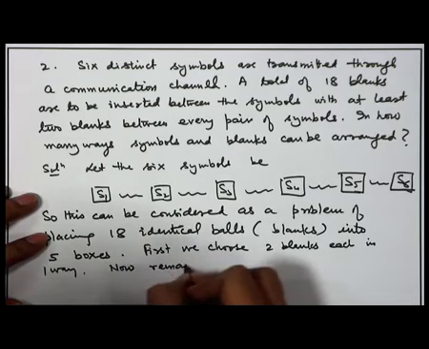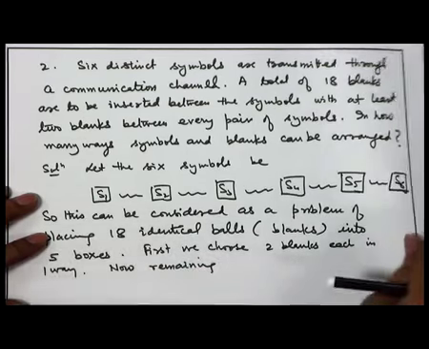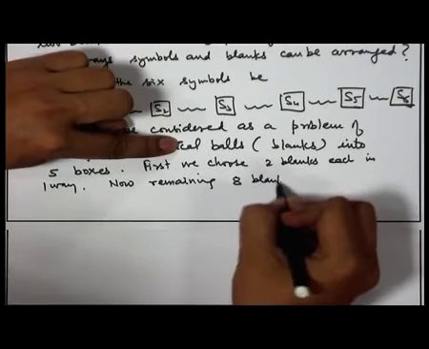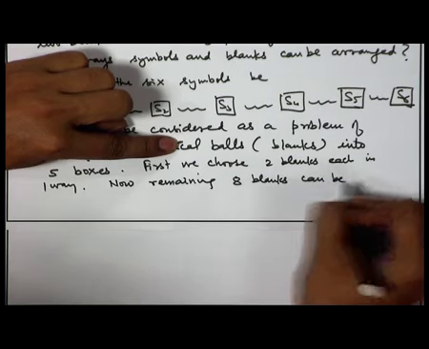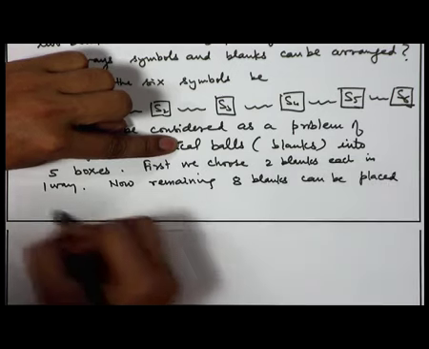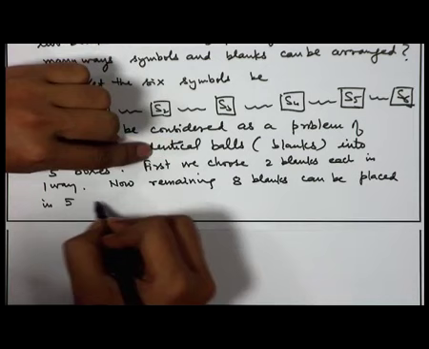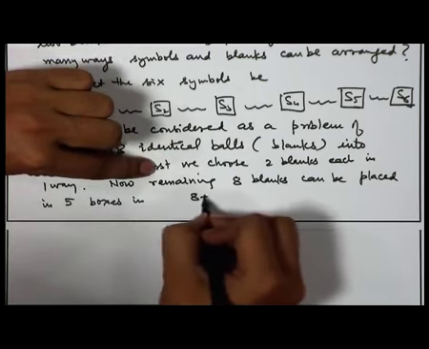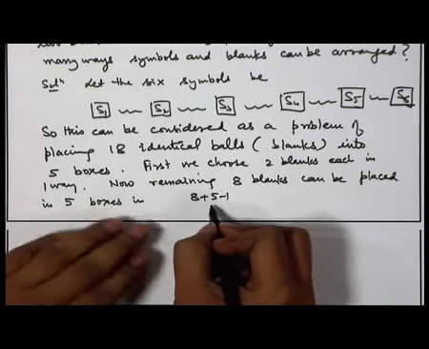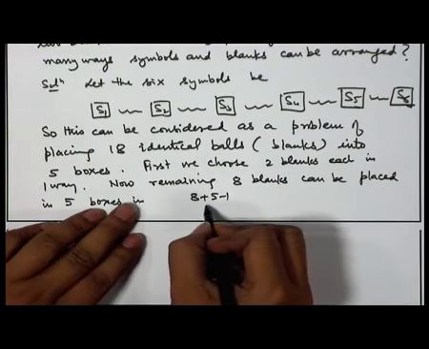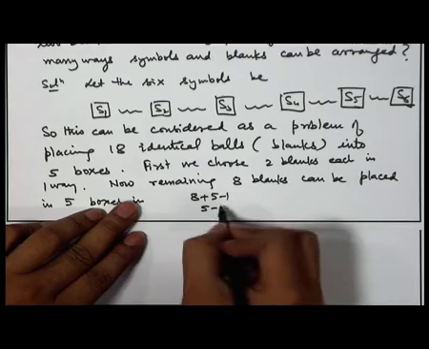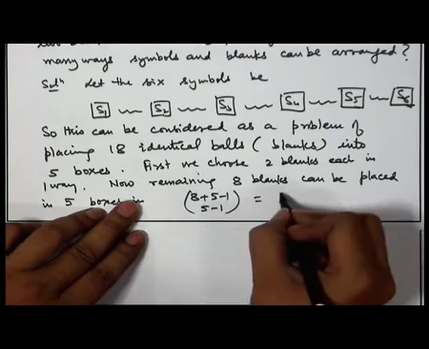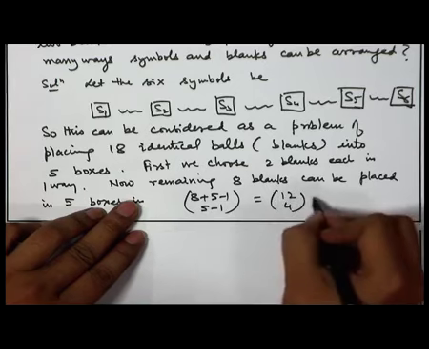Now, the remaining 8 blanks can be placed in 5 boxes in 8 plus 5 minus 1 C 5 minus 1, that is 12 C 4 ways.